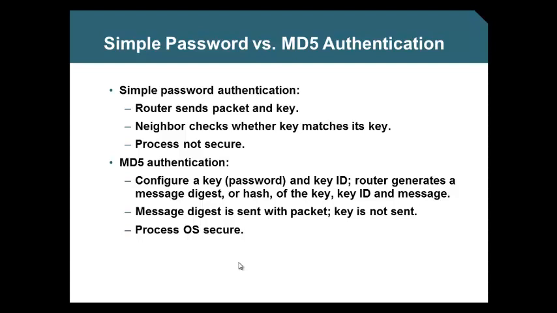But if you want to have real authentication, real security, we should go for MD5 or SHA, which is stronger than MD5. So MD5 authentication is what EIGRP uses, more secure. EIGRP doesn't support that simple password.